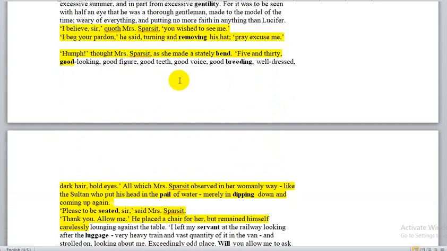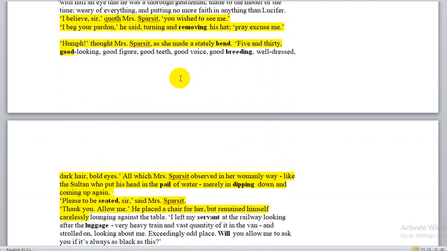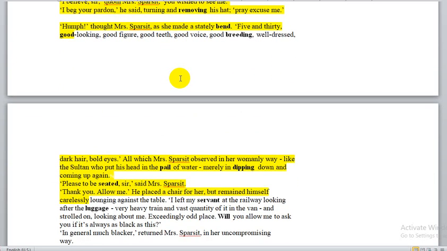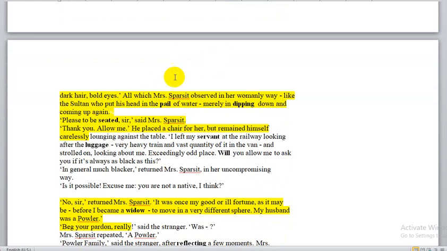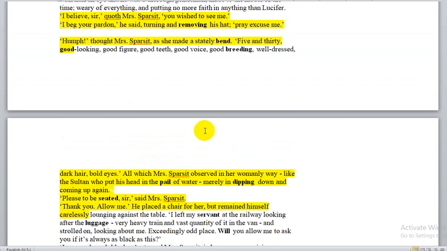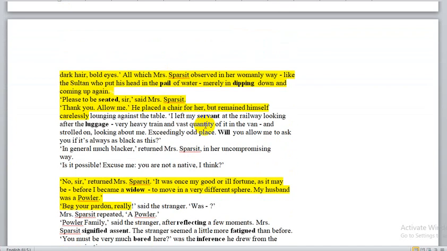"Though," thought Mrs. Sparsit, as she made a stately bend, "thirty-five, good-looking, good figure, good teeth, good voice, good breeding, well-dressed, dark hair, bold eyes," all which Mrs. Sparsit observed in her womanly way, like the Sultan who put his head in the pail of water, merely dipping. "Please to be seated, sir," said Mrs. Sparsit. "Thank you." This is how he is described. This is the new visitor, the newcomer.